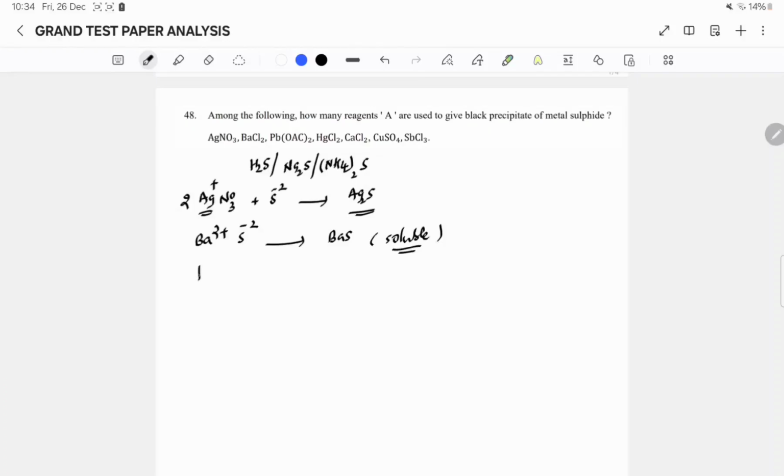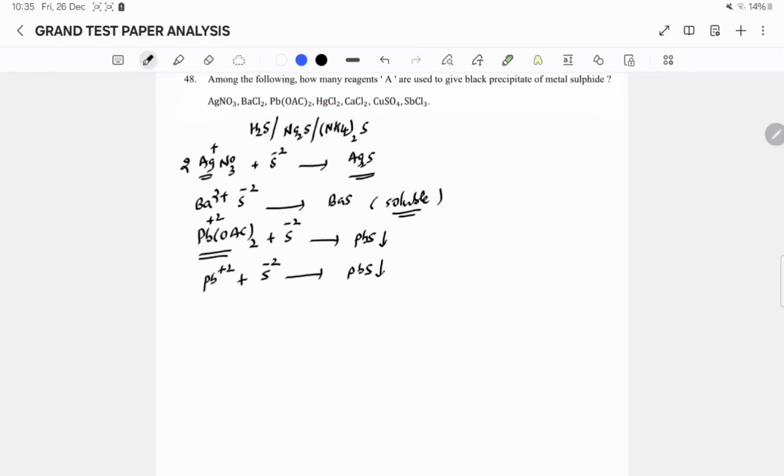Similarly, if you take Pb(OAc)2, student, Pb plus 2 reacts with S minus 2, it will form lead sulfide as a black PPT. In place of lead acetate, you can react it with lead nitrate also, it will combine to form PbS as a product.